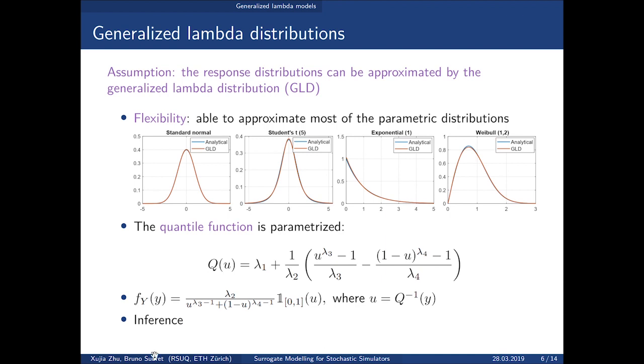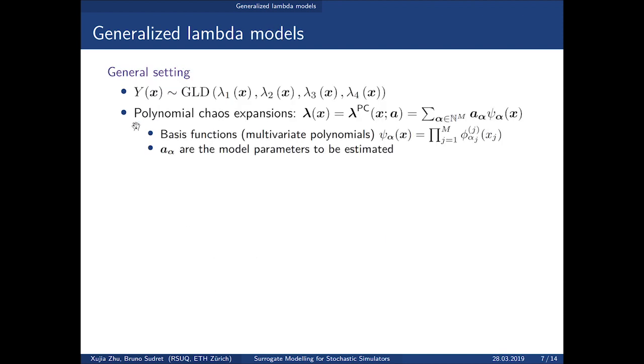For parametric estimations, many methods have been proposed, such as the method of moments, maximum likelihood estimation, maximum spacing estimation, etc. In this study, we applied the maximum likelihood estimation. Under the assumption mentioned before, for each given x, the output follows a generalized lambda distribution. When changing the input x, the distribution parameters will also change.